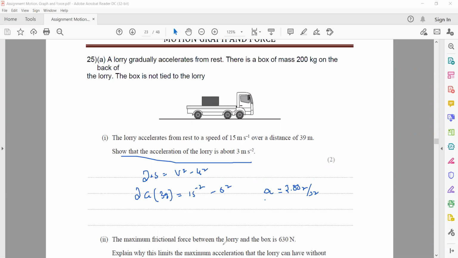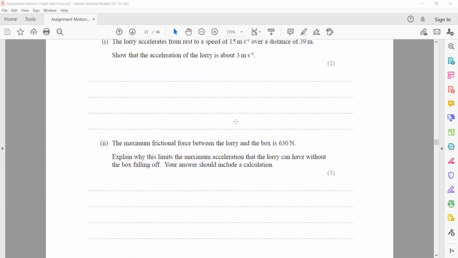And the acceleration of the lorry will be the same as the acceleration of the box. The maximum friction between the lorry and the box could be 630. So why does this limit the maximum acceleration that a lorry can have without the box falling off? Your answer should include a calculation.